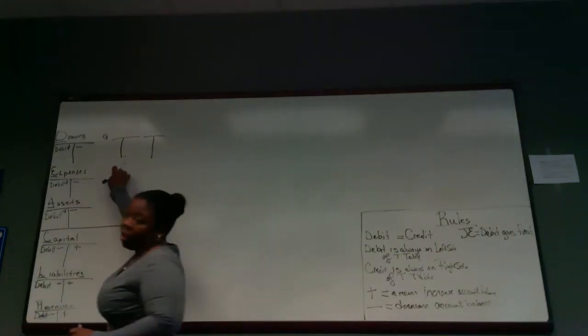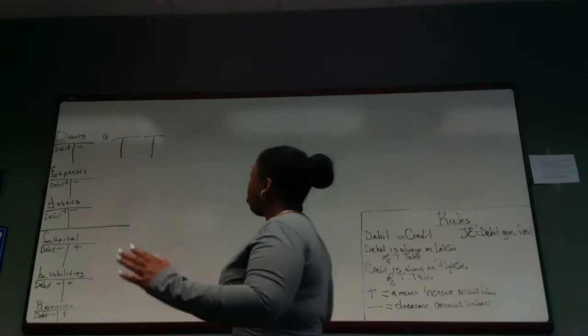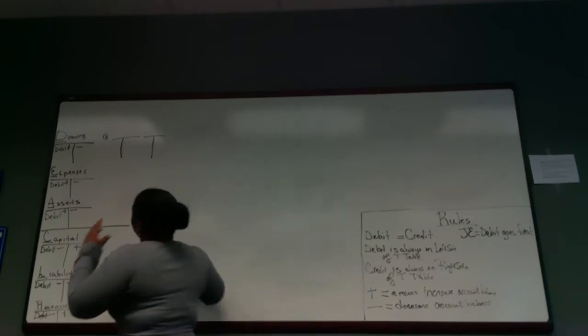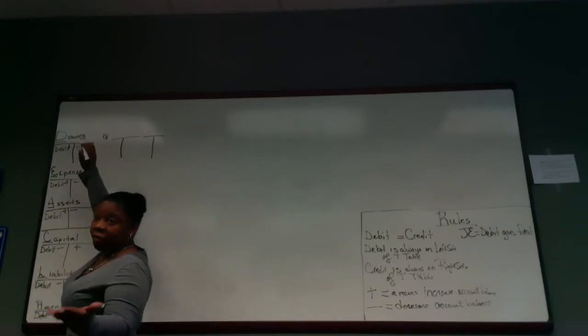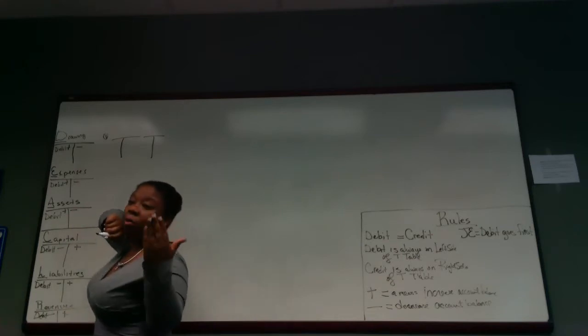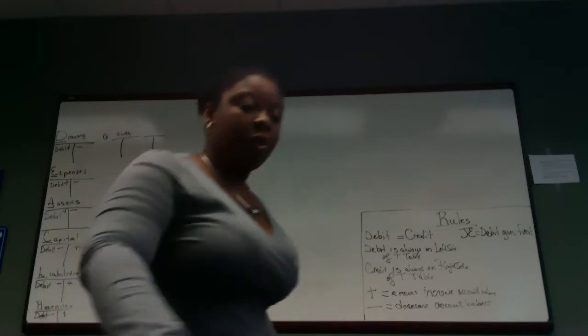So if we have an investment into the business, those 2 T tables is going to be whatever he invested. So if they would have said he invested a $30,000 building, then this would say building. If he invested computers, then this would say computers.